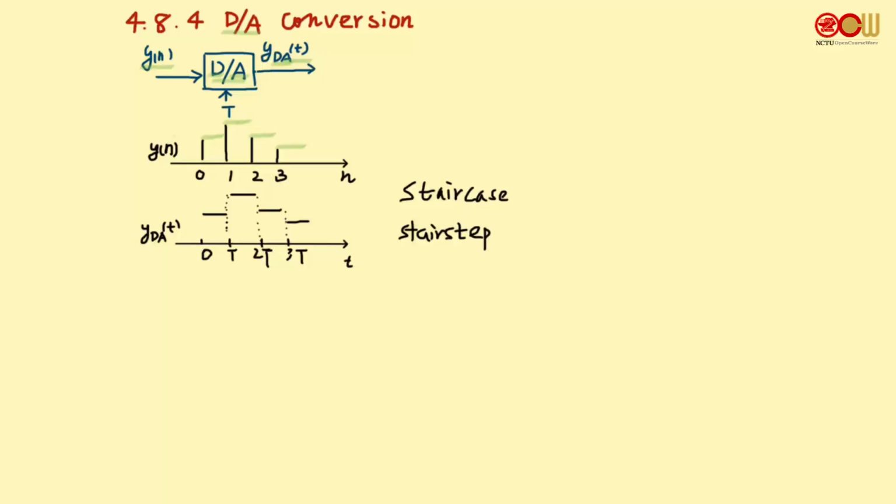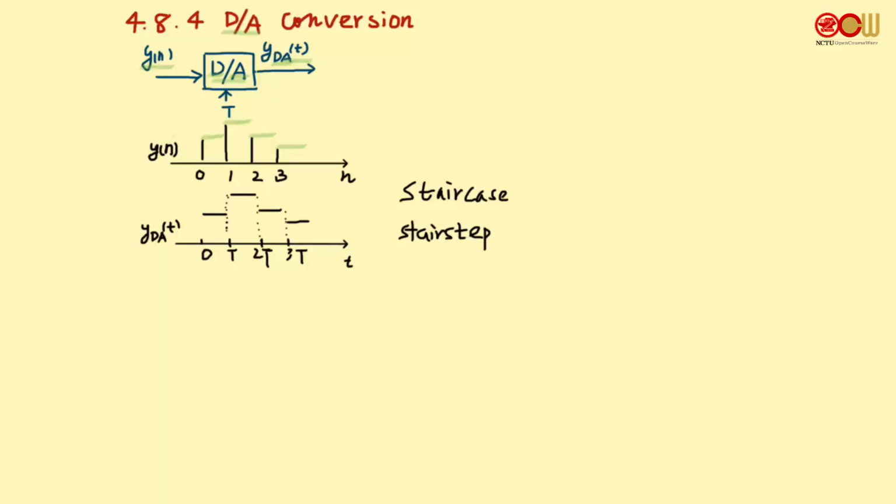Now let me ask you a question. Does the output of the D2A converter look like the continuous time signal that we would like to have? Do you think it looks like the type of signal that we would see for a continuous time signal? Would our continuous time signal look like a staircase in general?